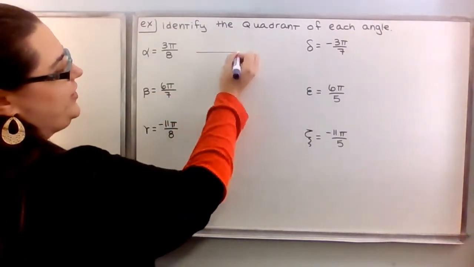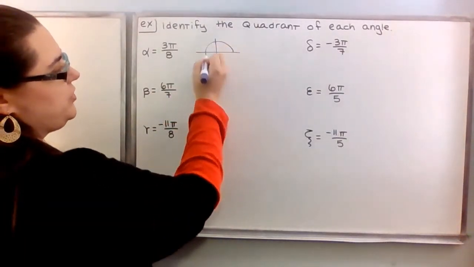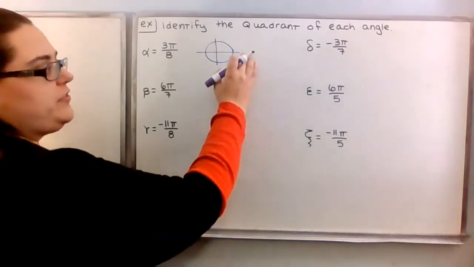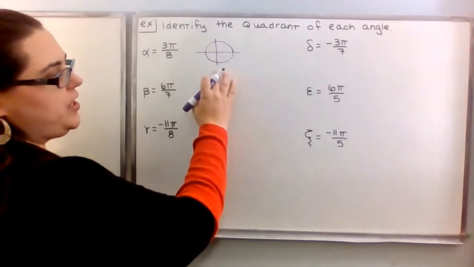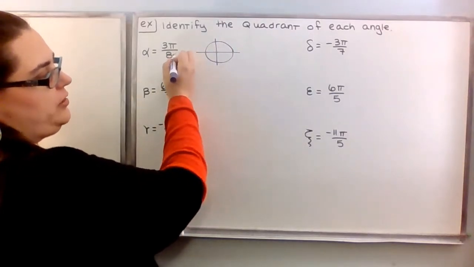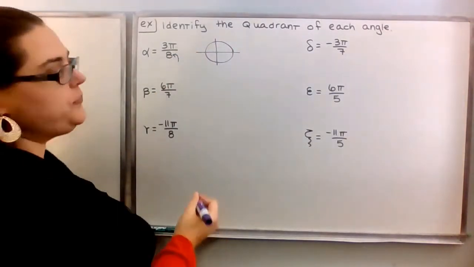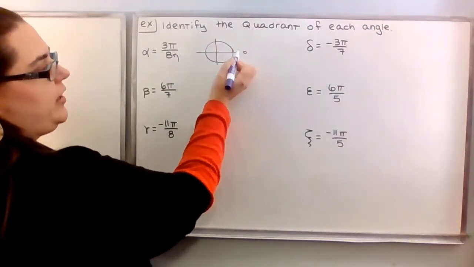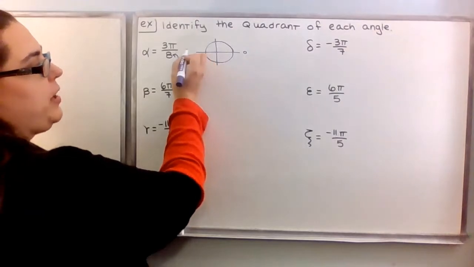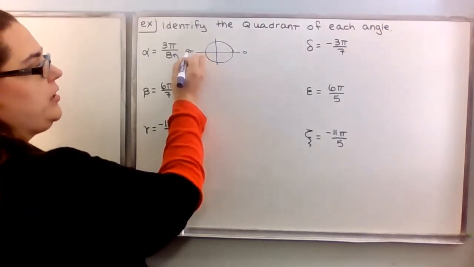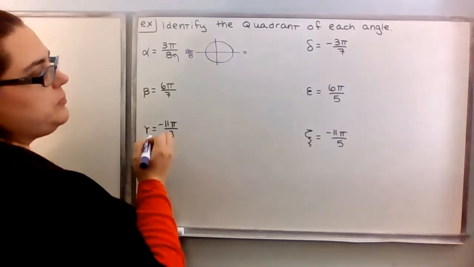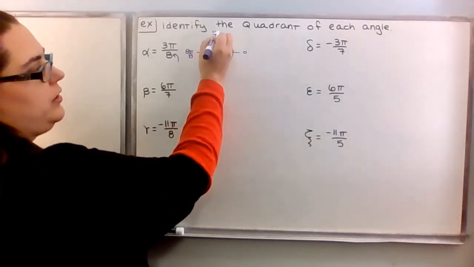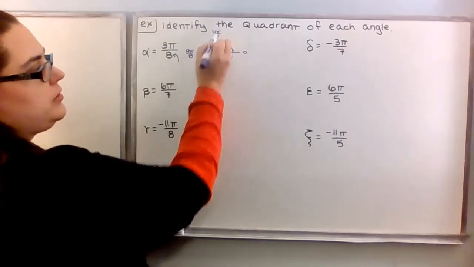So we're going to start out by drawing a little mini unit circle here. And what we're going to do is divide each of the quadrants up based off of the denominator, so based off of eighths here. So we have 0 over 8, and then over here is pi. So pi is the same as 8 pi eighths. That means that half is going to be 4 pi over 8.